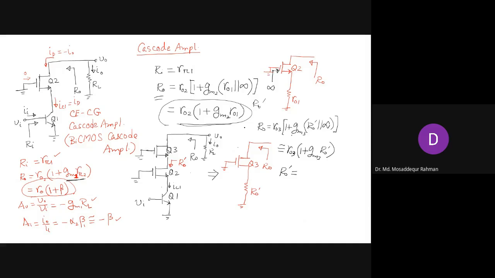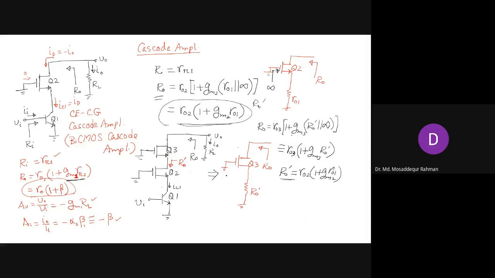Now g_m is being multiplied by this much higher output resistance R_o prime, so the resistance we get will be even higher, that is R_o2 (1 + g_m2 R_o1). So with this two-stage cascode amplifier, the output resistance will be even higher than in our previous case.